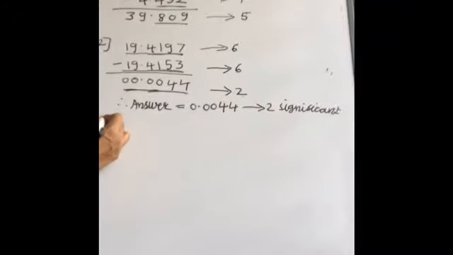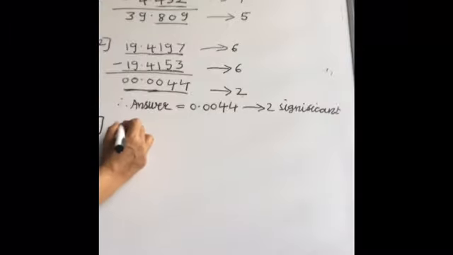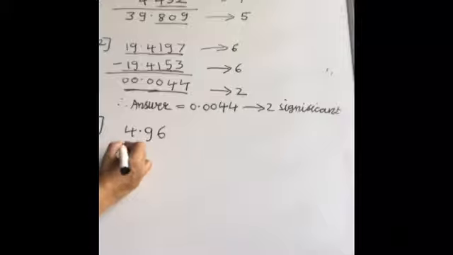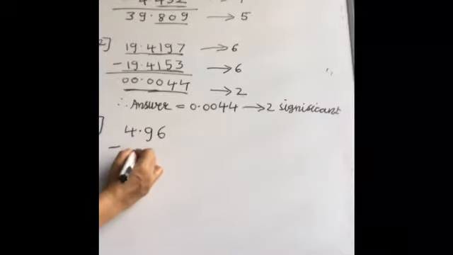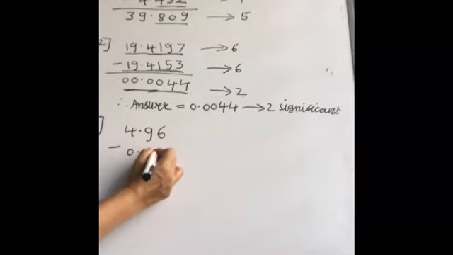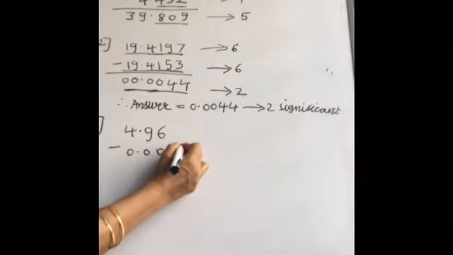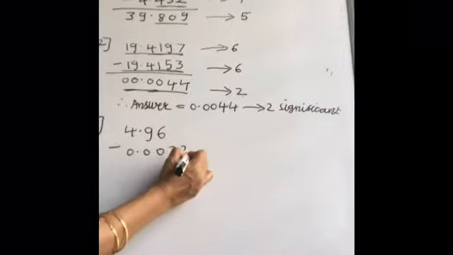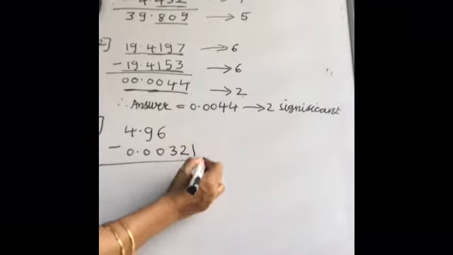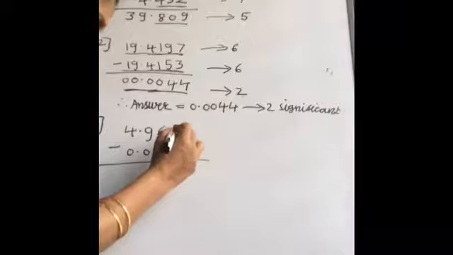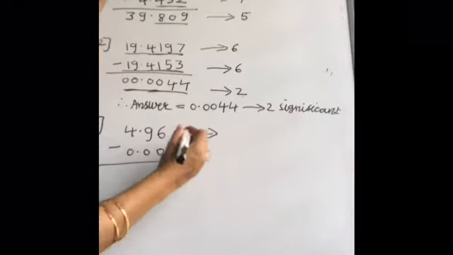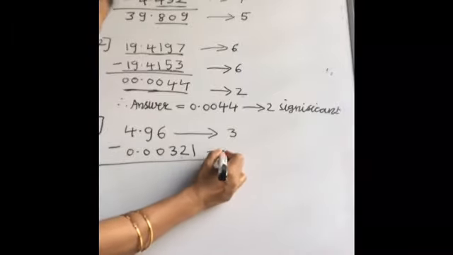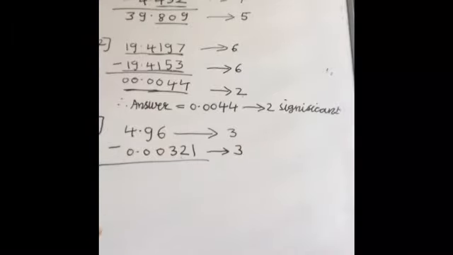Now we take the third example, 4.96 minus 0.00321. If you see this example, the number of significant figures is 3, and here the number of significant figures is 3.